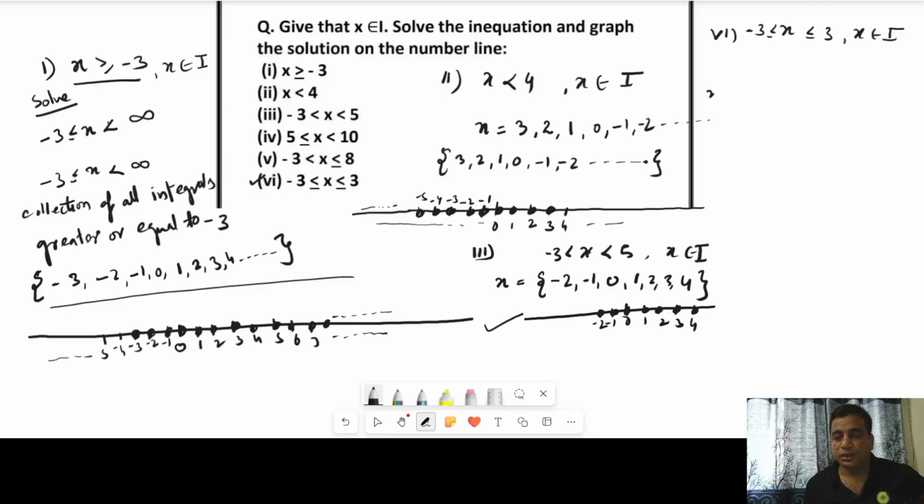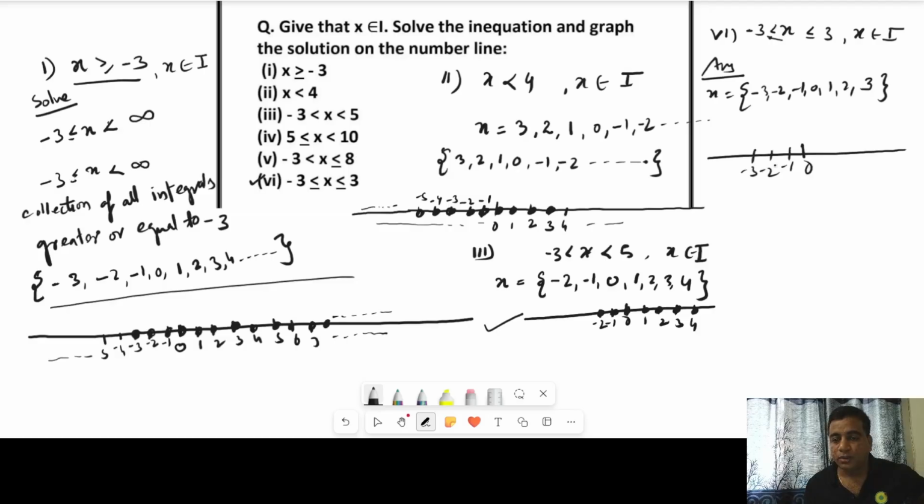Because the inequality is inclusive, x is minus 3, minus 2, minus 1, 0, 1, 2, and also 3, because 3 is included. To represent on the number line, mark 0, minus 1, minus 2, minus 3, 1, 2, 3, and darken these points. It's your solution graph.